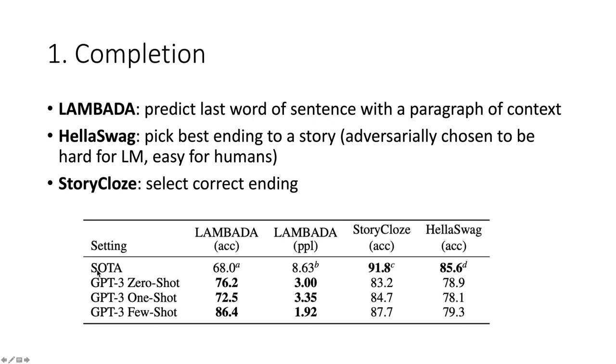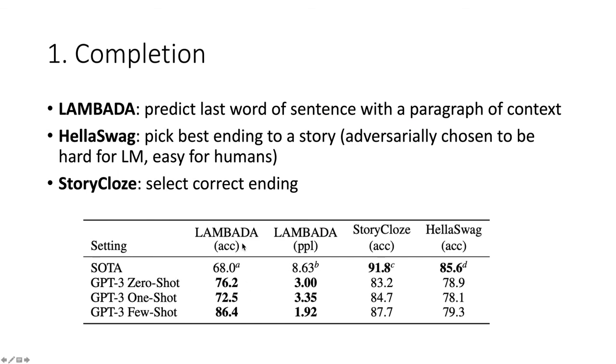For all these tasks, they always compare themselves to the state of the art. And they show the performance of zero-shot GPT-3, one-shot GPT-3, and few-shot GPT-3. So the only difference between these is the amount of conditioning you do in the context window for GPT-3.